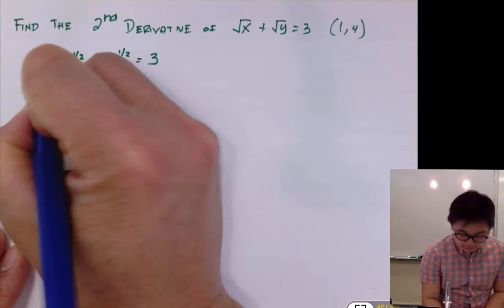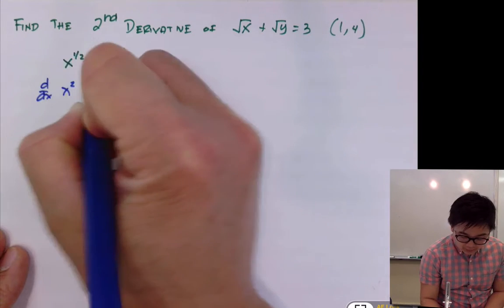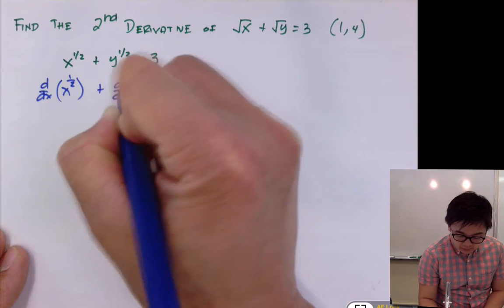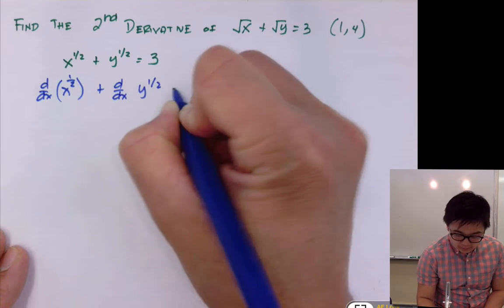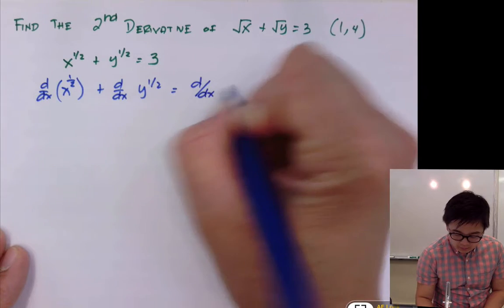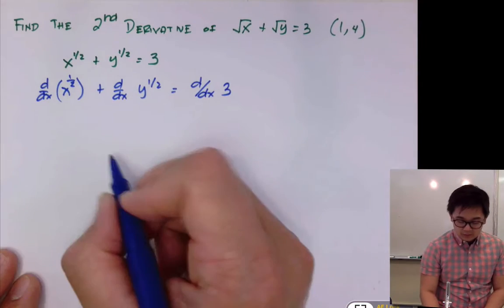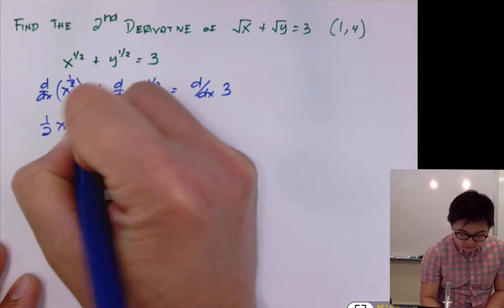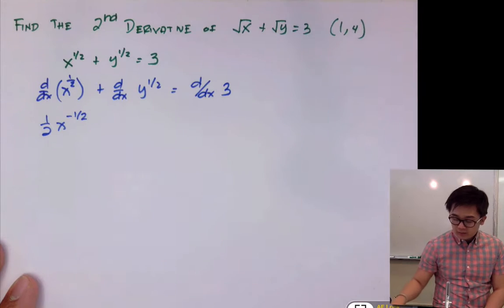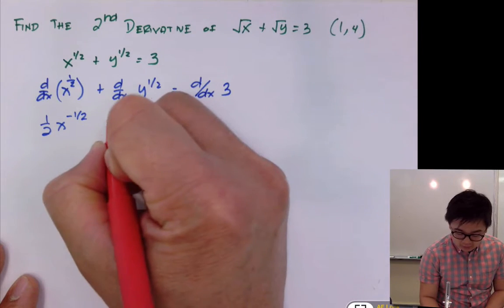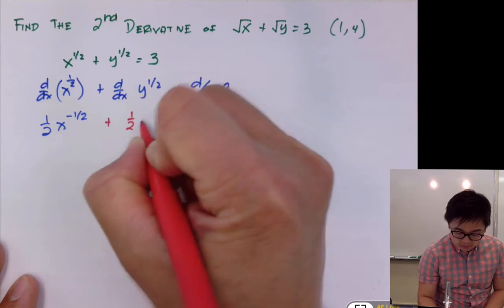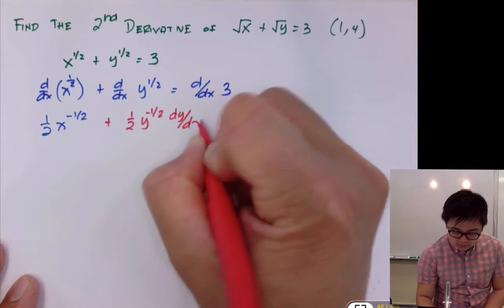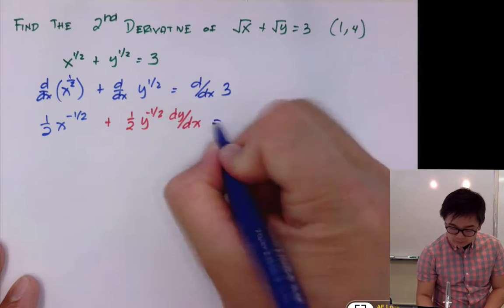So the derivative of x raised to 1/2 plus y to the 1/2. The derivative of x with respect to x is simply 1/2 x to the negative 1/2, and the derivative of y in terms of x will look something like this: 1/2 y to the negative 1/2 dy/dx, which is equal to 0.